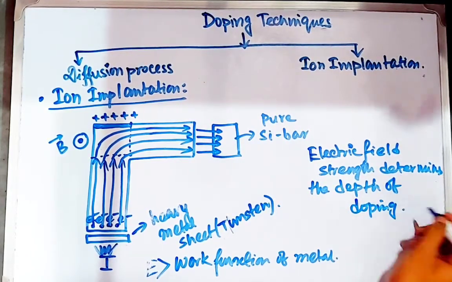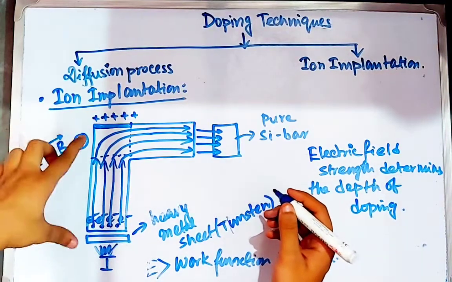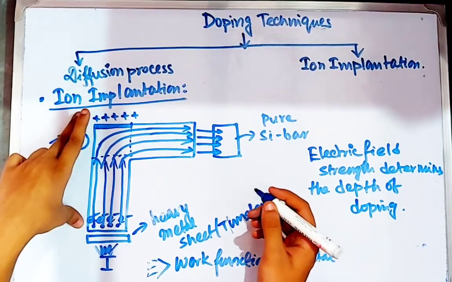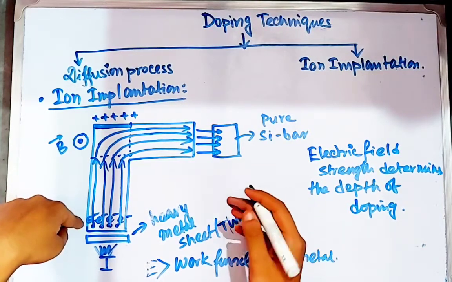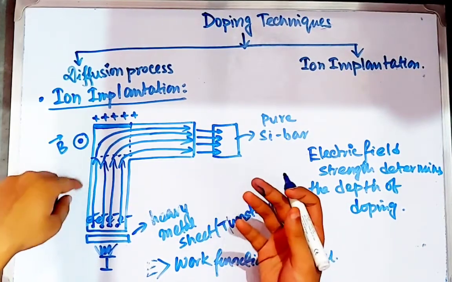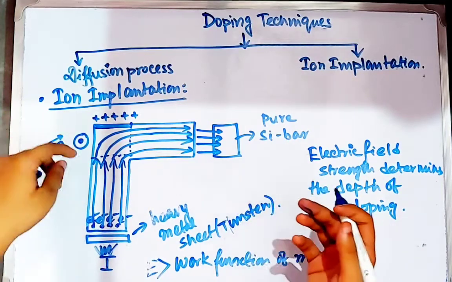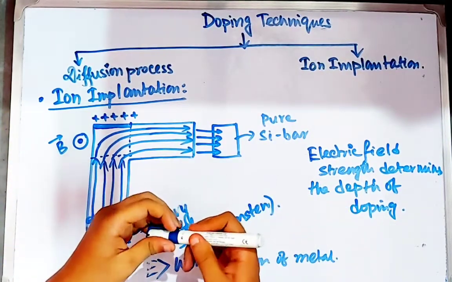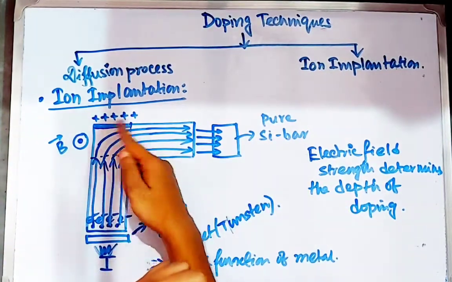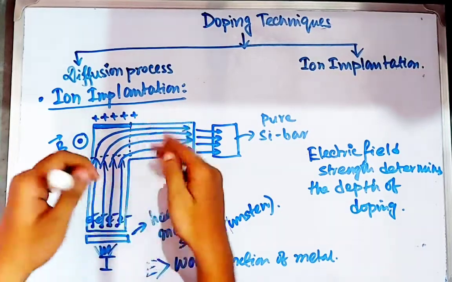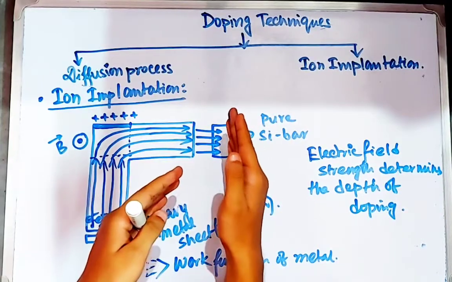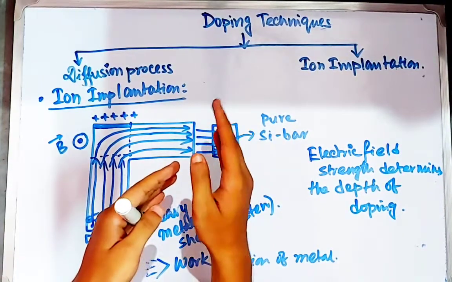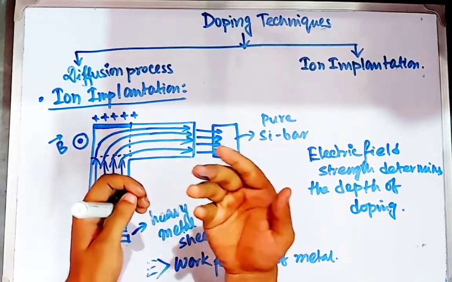If we increase the value of this electric field, then these electrons will achieve a higher velocity, and they will get drifted at their higher velocities, and of course they will hit the silicon bar surface with a higher velocity.